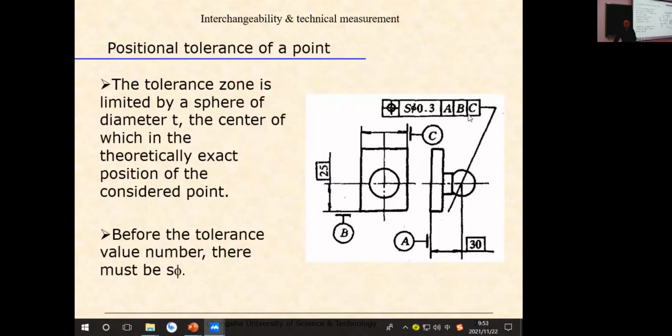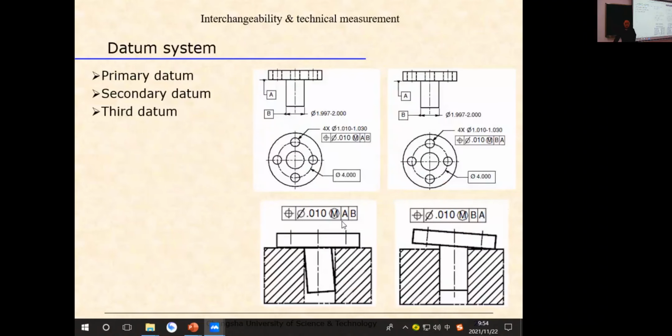Like this one, A, B, C, there's no relationship, they are independent. But this one is material requirement. It means that A has a relationship with B. So it is the maximum material requirement. Per simple tolerance is independent, so A, B, C have no relationship.